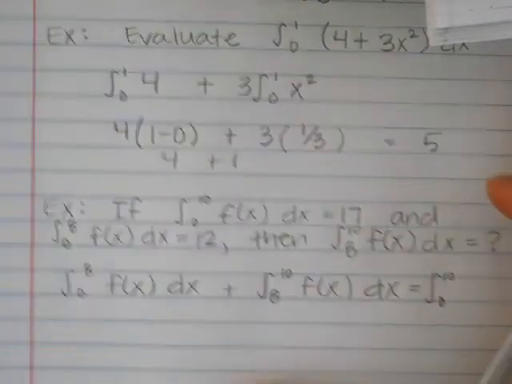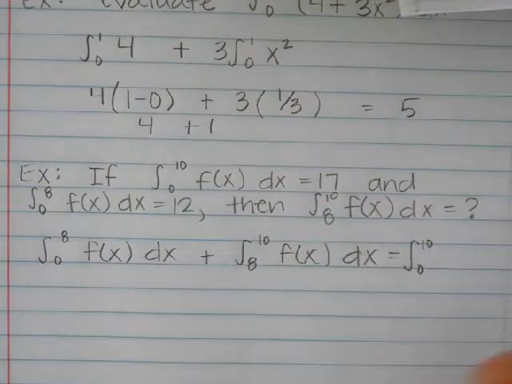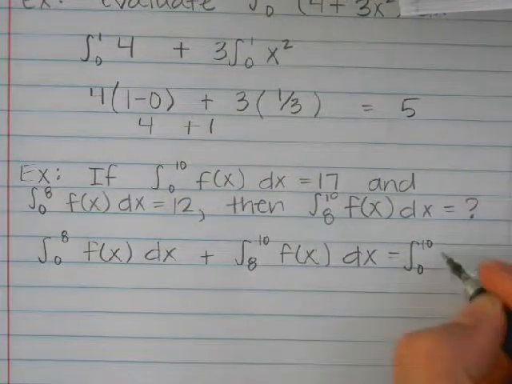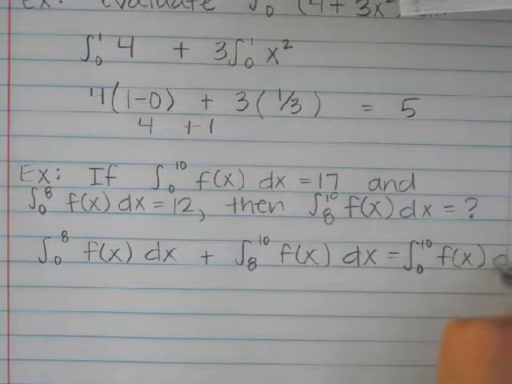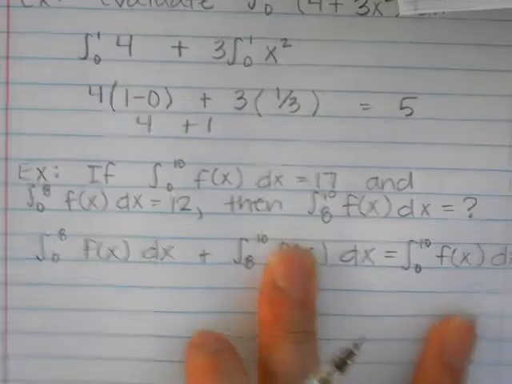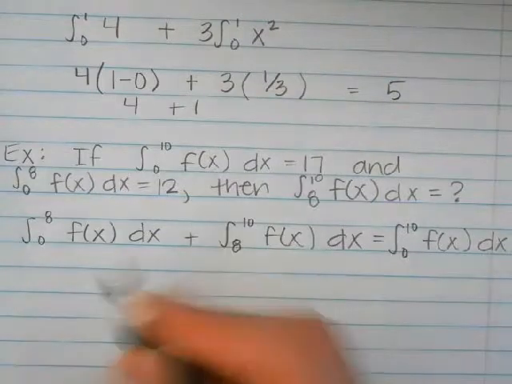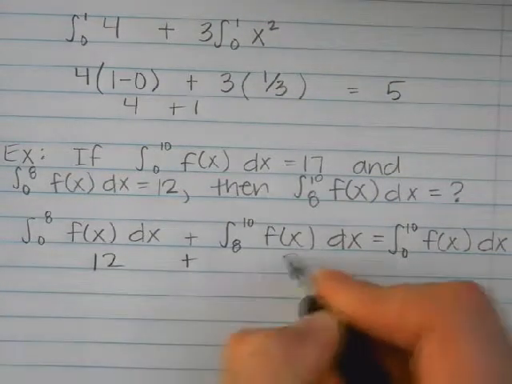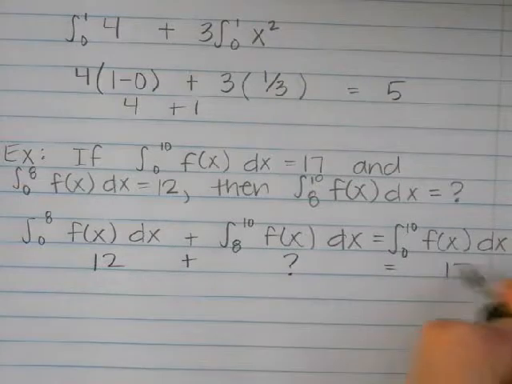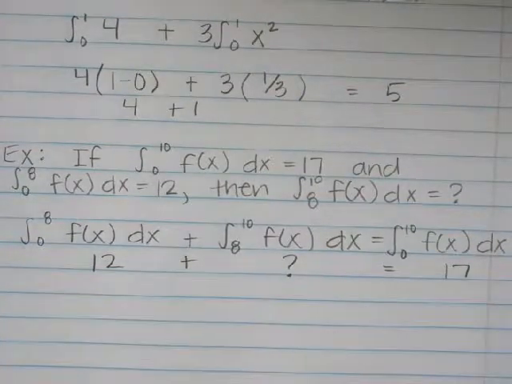We're setting it up to look like number 6 instead of doing a subtraction problem. So I'm making it look like the property from number 6. Then if you plug the numbers in, 0 to 8 is 12. So 12 plus what equals 17? It's definitely 5.